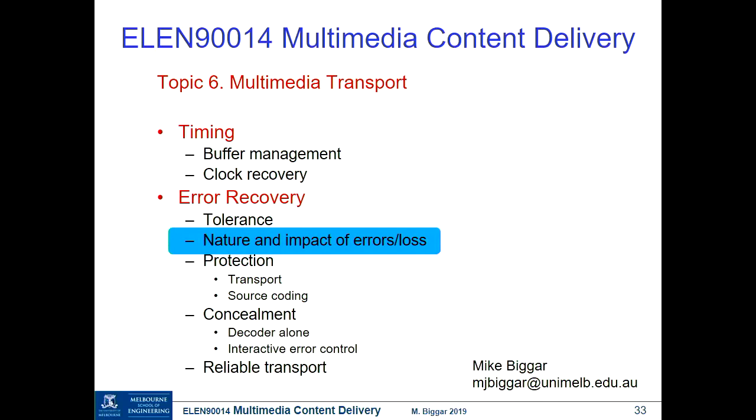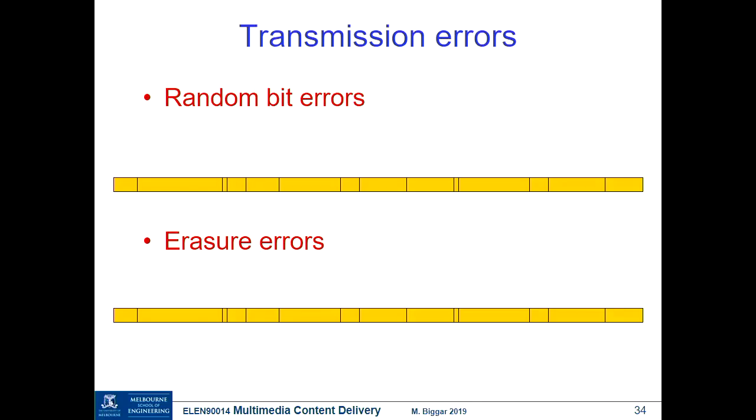So, let's talk a little bit about errors and loss. There are different types of transmission errors. They can be random bit errors that occur just due to, say, completely isolated signal impairments or random thermal noise or something will occur largely in isolation, or erasure errors are where we have a burst of errors together.